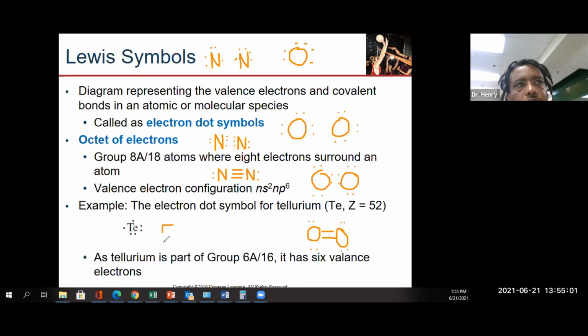So what about a fluorine? How many valence electrons does fluorine have? 7. It has 7. So how many electrons have to be shared for it to reach its octet of having 8 around it?